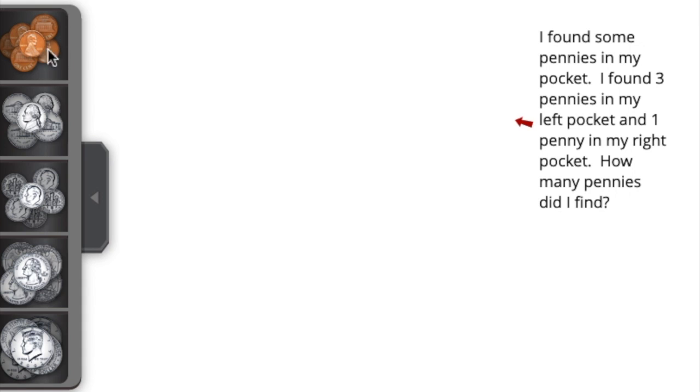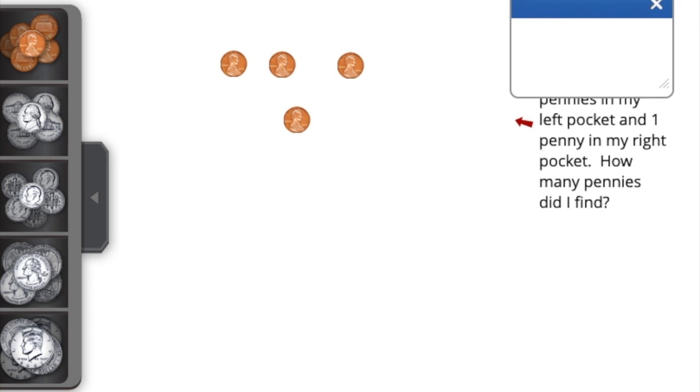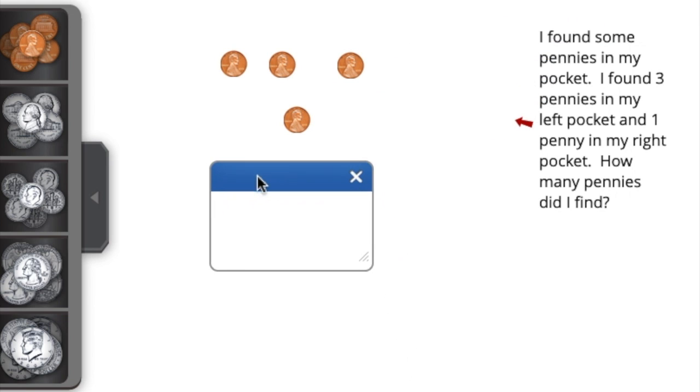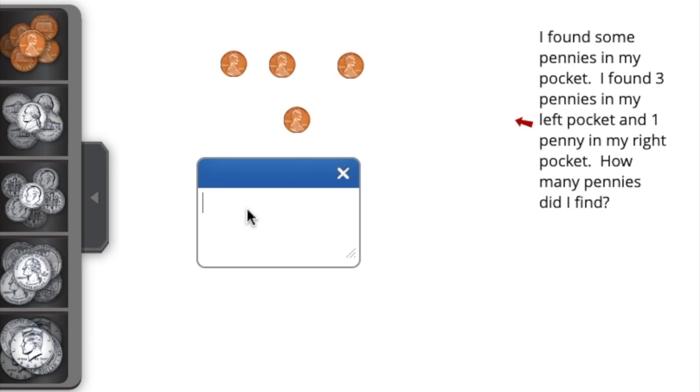Okay. 3 pennies in my left pocket. So I've got 1, 2, 3 pennies in my left pocket. Good. And 1 penny in my right pocket. What do I need to do? Yeah, I want to add 1 more penny to my right pocket. Now the question says, how many pennies did I find?